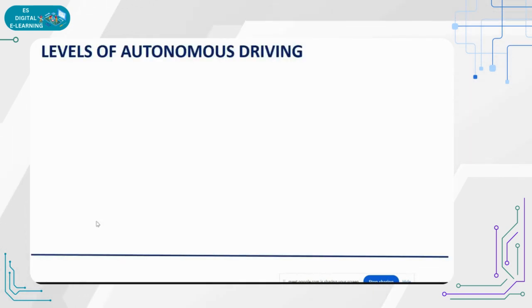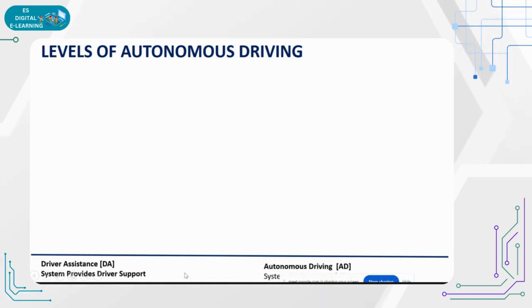So you can write down the levels of autonomous driving. They are categorized into driver assistance, that is DA, and autonomous driving, AD.